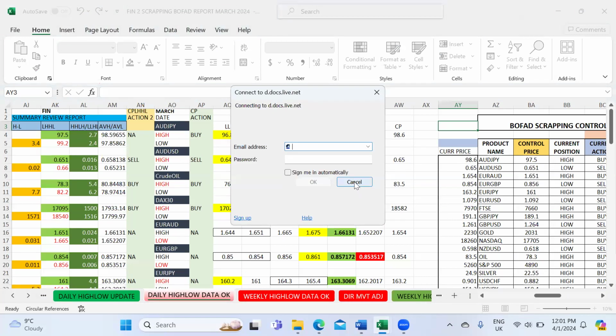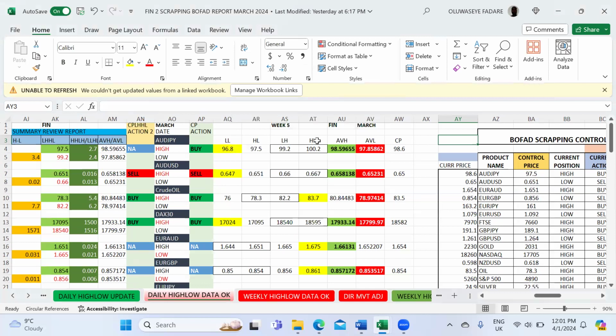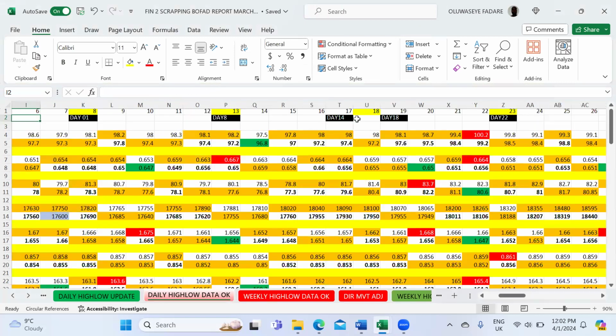So our Bofad monthly strategies is different from the scrapping report. The scrapping report on its own also helps to show the final decision of the market and also the move of the market in the course of the month. So you can see the market.